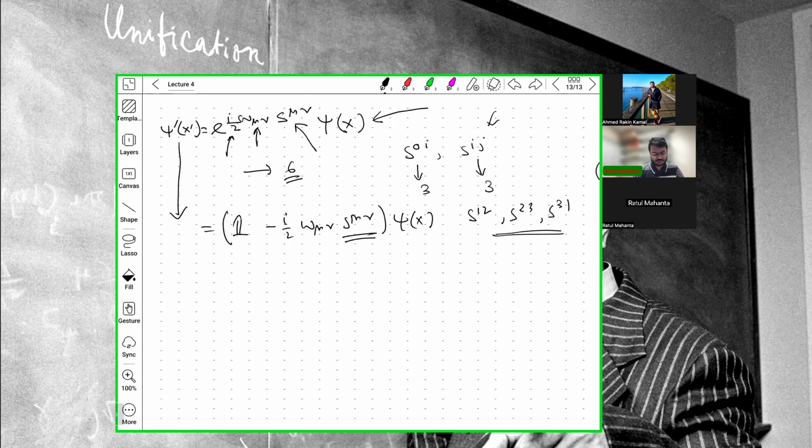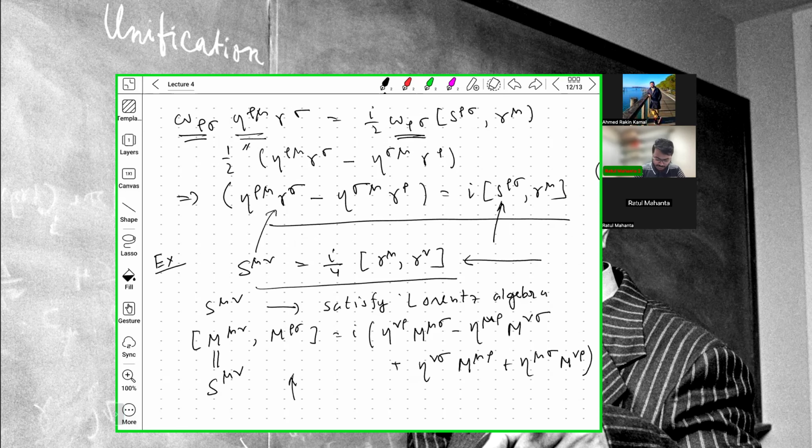If you know the Lorentz algebra, like the angular momentum algebra, for example, the angular momentum algebra is J_i J_k commutator equals i epsilon_ijk J. These are the angular momentum algebra that generates rotations, or the SU(2) algebra.